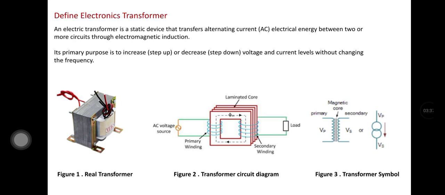And the last figure shows the same primary voltage applied in the primary winding, secondary voltage developed across the secondary winding, and there is a magnetic core, and this is another symbol of Vp and Vs.